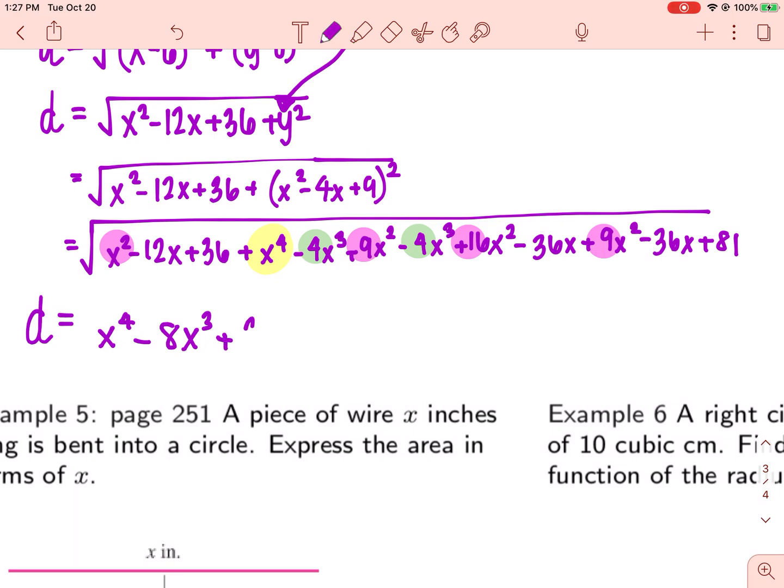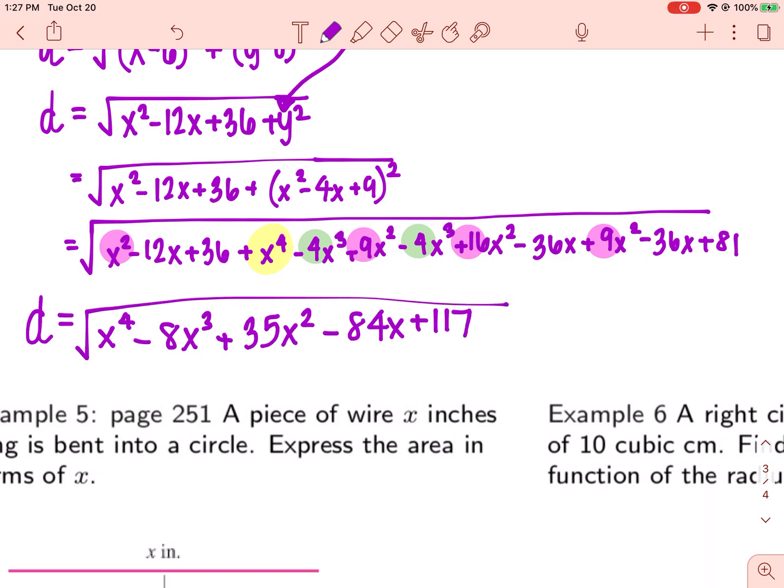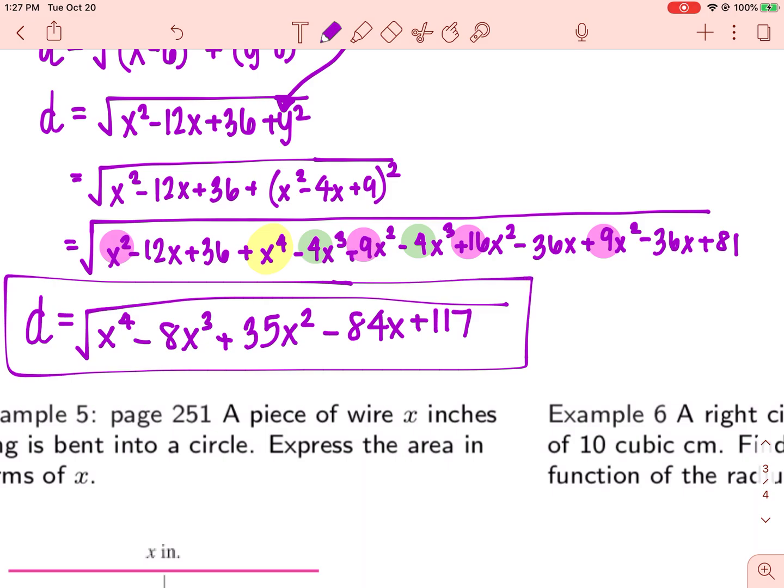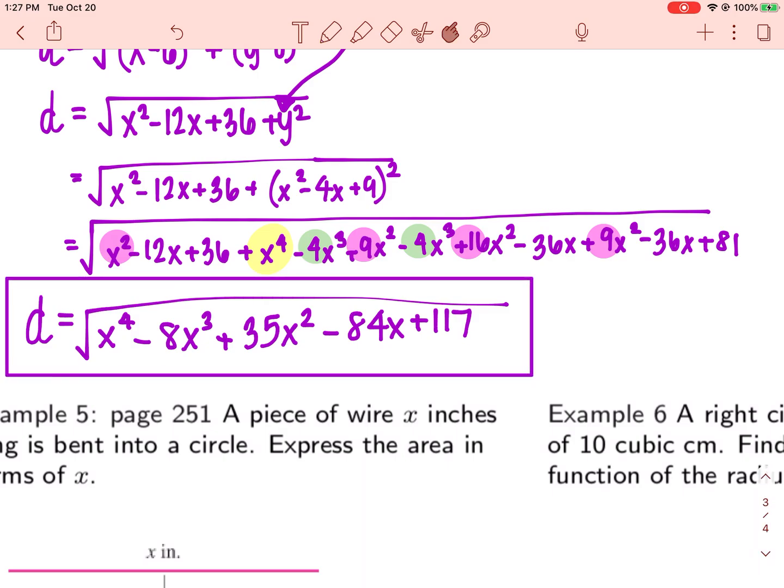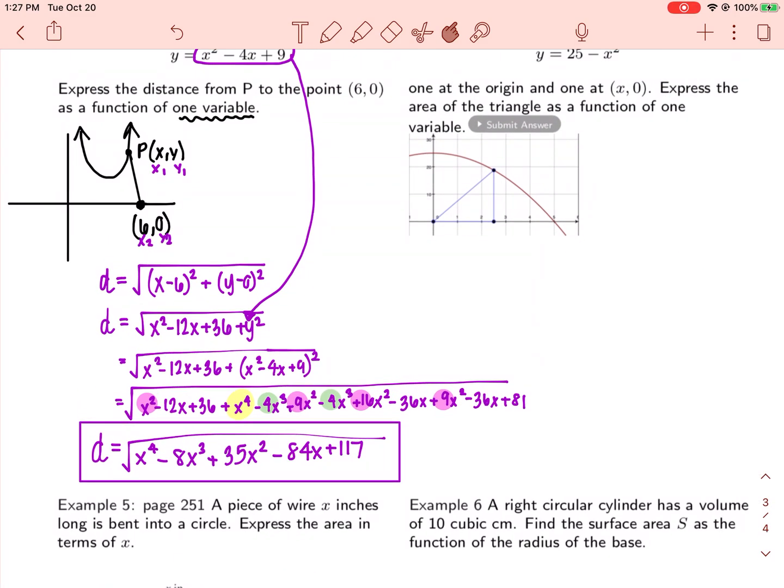So it'd be plus 35. Combine your x's, I get -84x and plus 117. That would be your final answer. That is your distance in terms of one variable, x. I wrote the distance formula and used what it gave me.